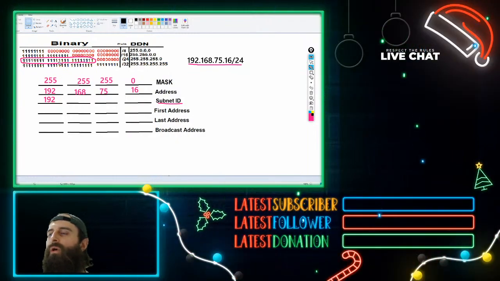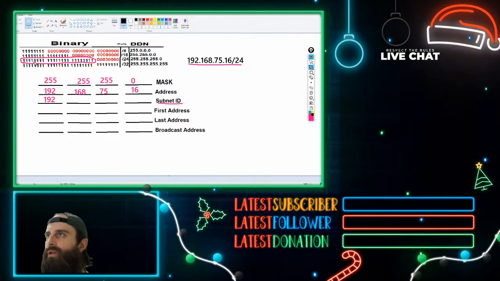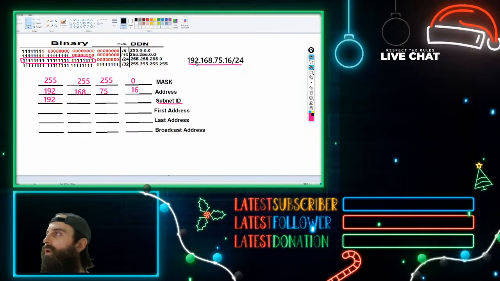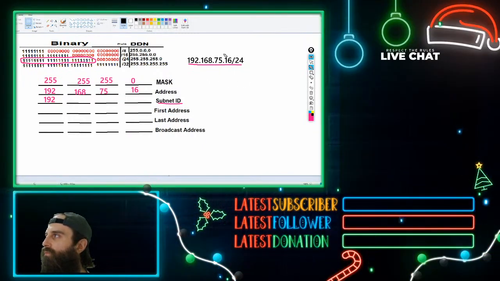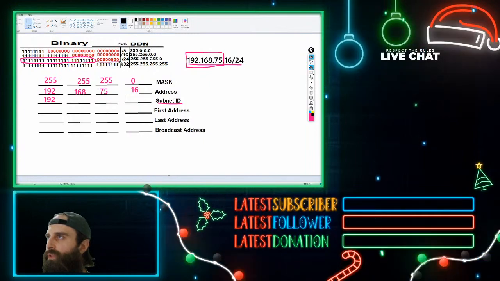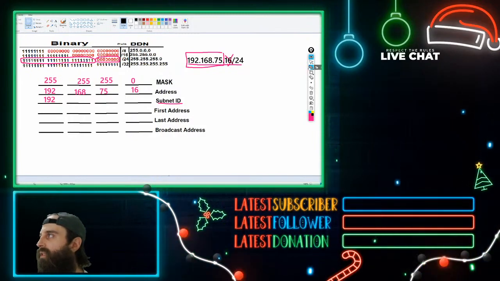Okay, since we already know that in the /24 notation the first three octets are full of binary ones, 192.168.20.75 is our network. The 16 lives within the octet that's full of binary zeros, so it's as simple as taking away 16, and that becomes a 0.